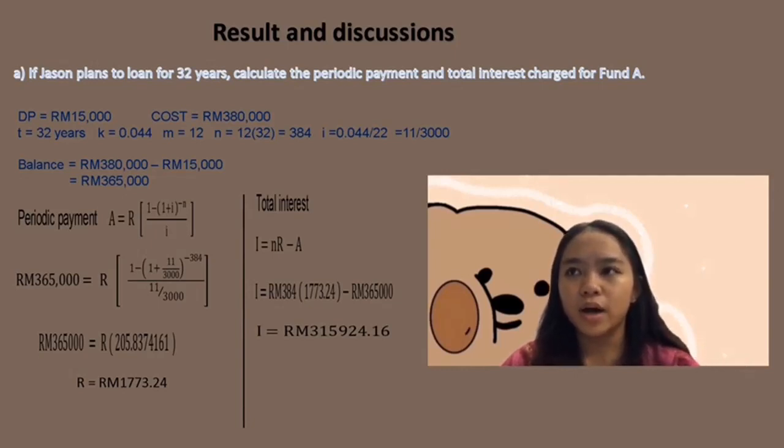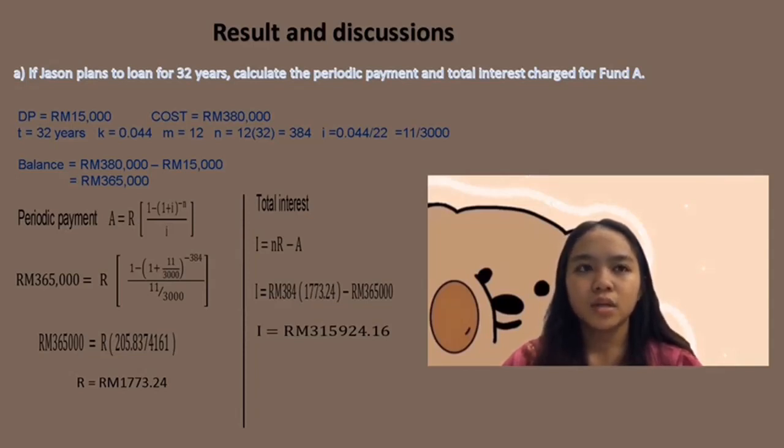The periodic payment that we use for the formula is A equals R [(1 minus (1 plus i) to the power of negative n) over i]. So RM 365,000 equals R [(1 minus (1 plus 11 over 3000) to the power of negative 384) over 11 over 3000].